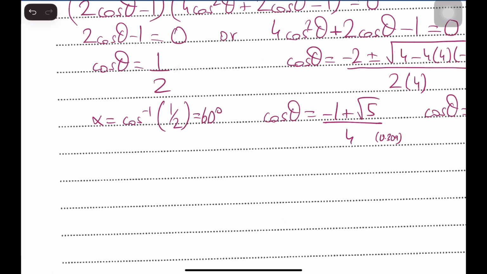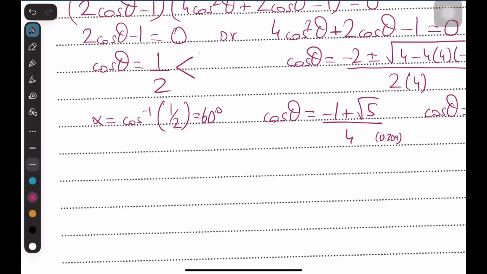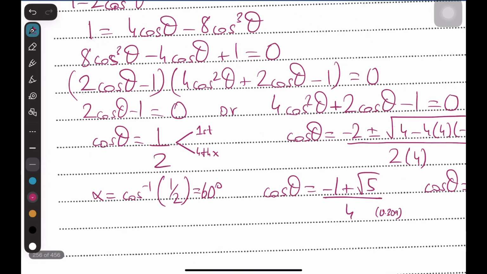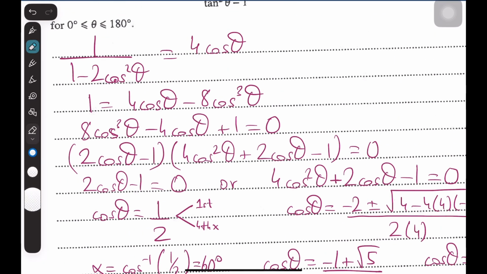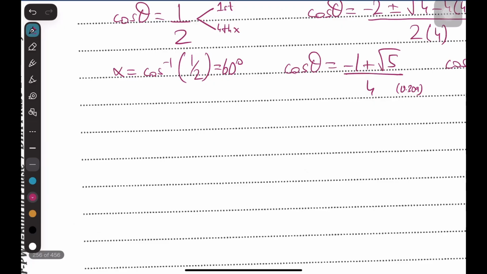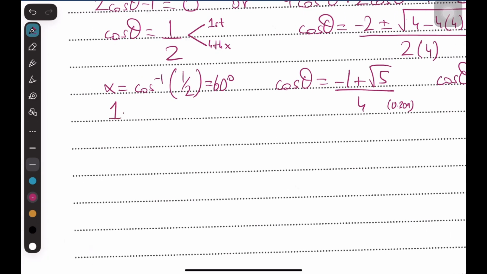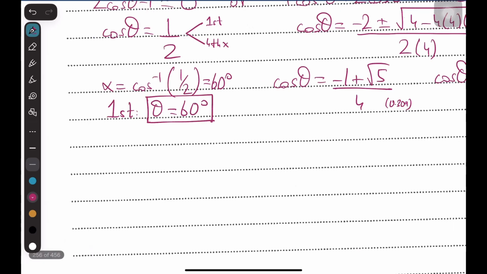Over here it's positive, so cos is positive in the first and fourth quadrant. Fourth quadrant is not applicable over here because that's outside the given domain of theta, so we'll only go with the first quadrant. So in the first quadrant, theta will be equal to alpha, so it will be equal to 60 degrees. So that's our first answer.